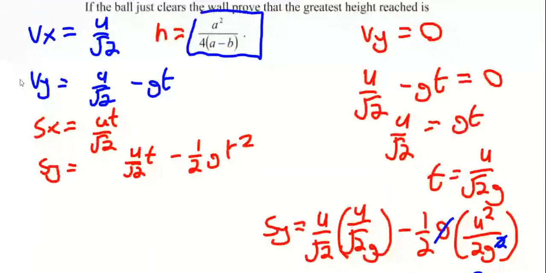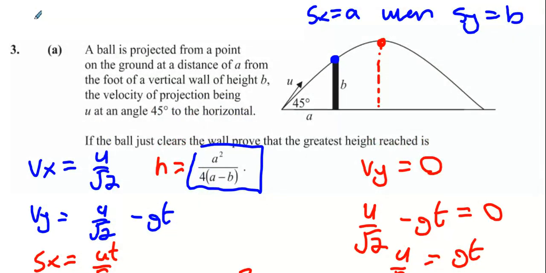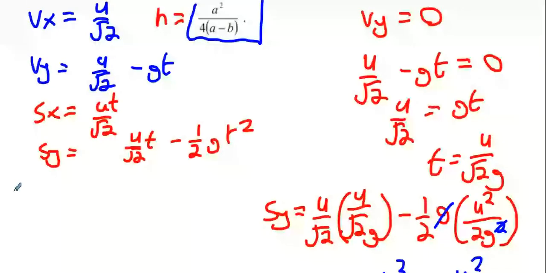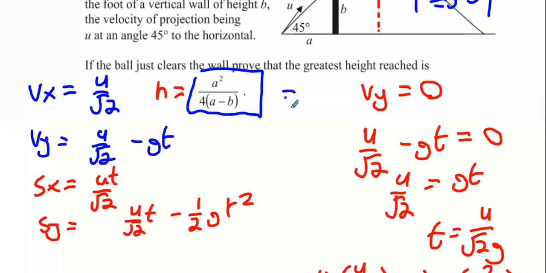Is everybody right? So what did we do so far? We did vy equals 0 for what reason? Greatest height. Then we subbed our t value into the sy, and we found the greatest height. And our greatest height looks nothing like their greatest height. Okay, we don't panic. We did legitimate moves there.